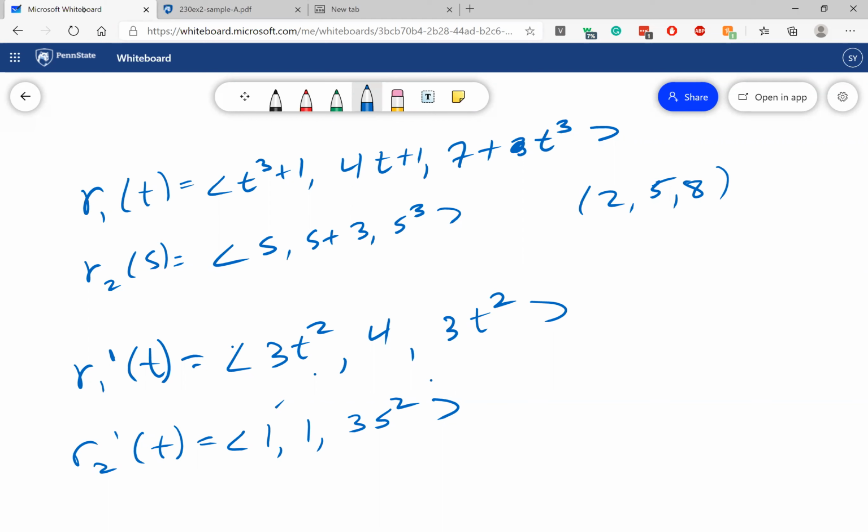Now when do we get this point? For t equal to 1, we would get 2, 5, and 8.